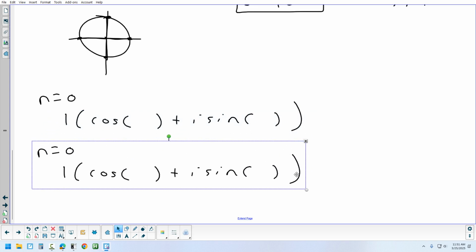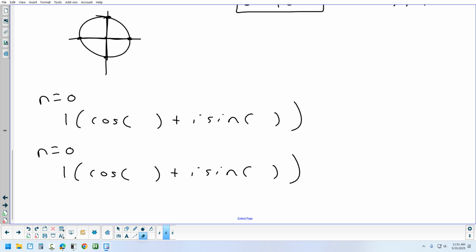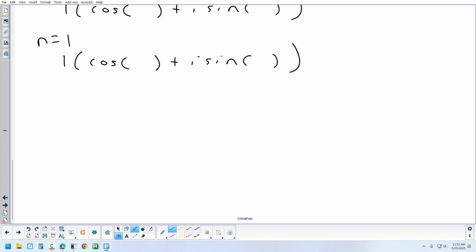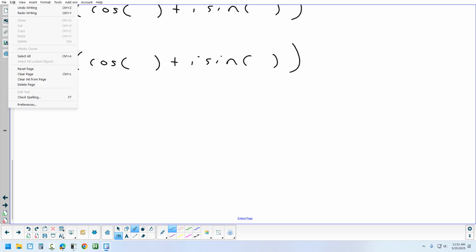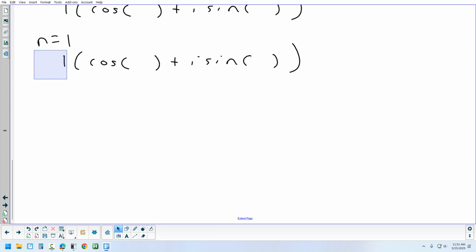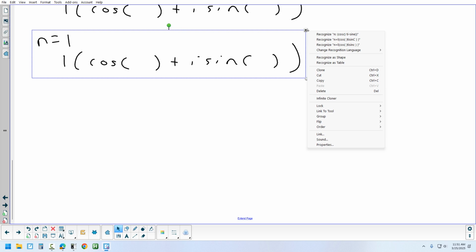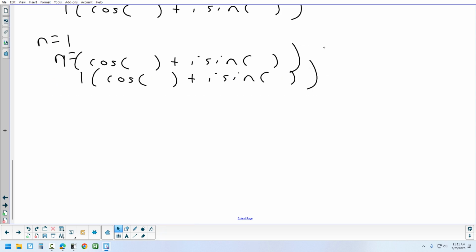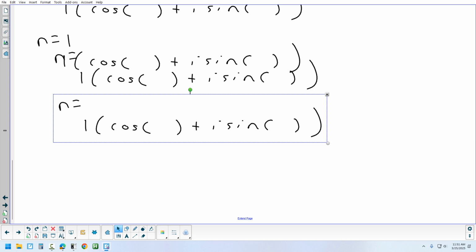And then we're going to have n equals 1. And then we'll have it again for n equals 2. Paste it again. Space these out.